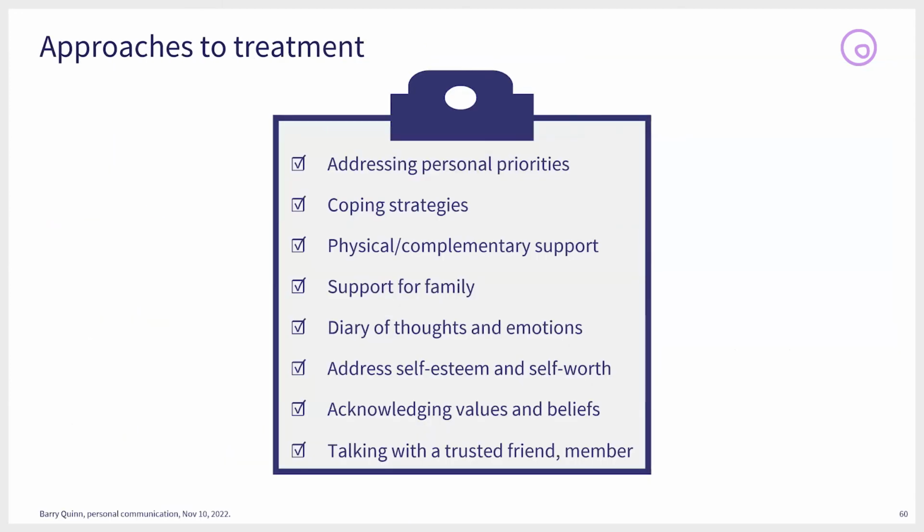Again, this is just complementing those treatments by really engaging with the person to ask them what their priorities are, maybe suggesting physical or complementary support, and thinking about the family, because while the patient is worried about the family, the family is worried about the patient.